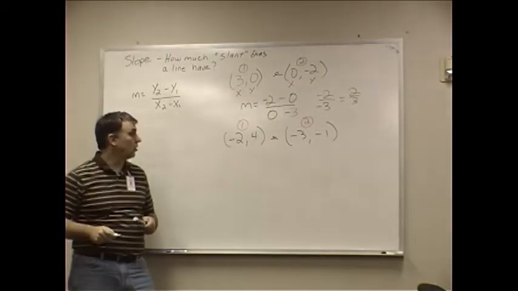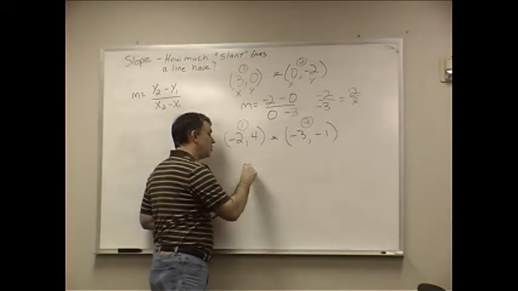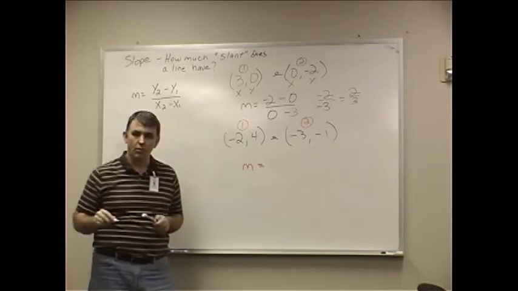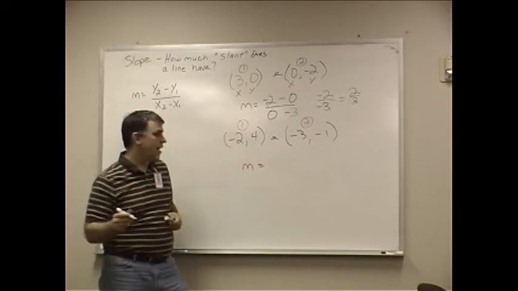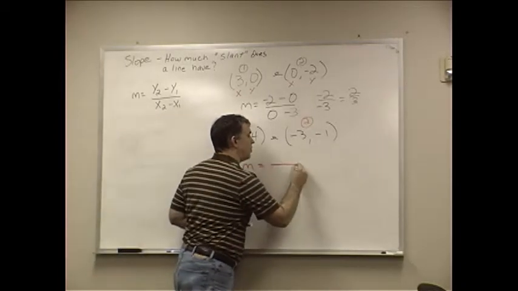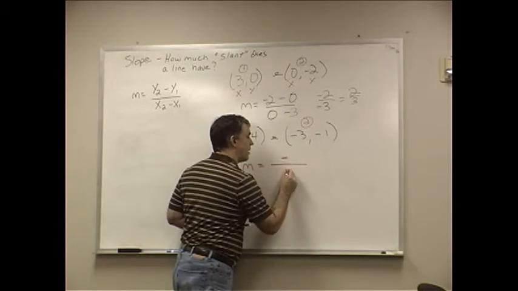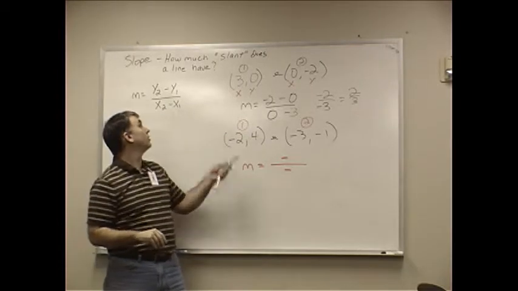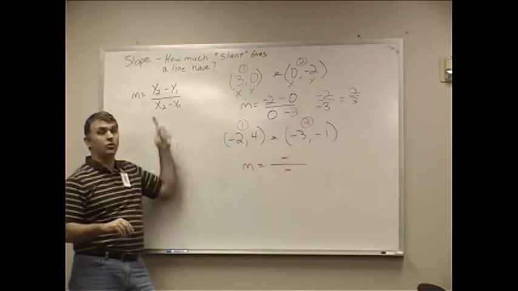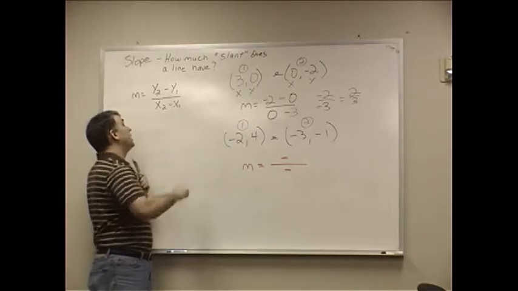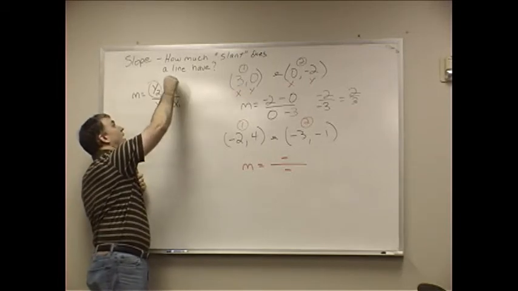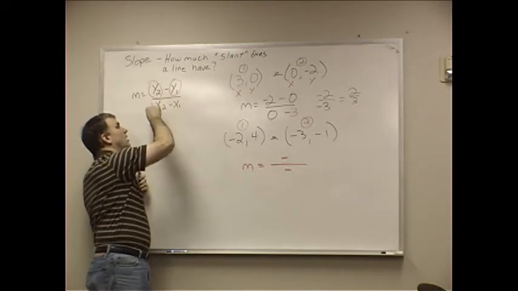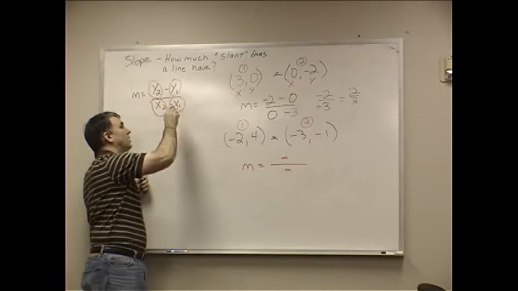As a practical matter, what I like to do when I'm solving slope problems is put m equals on there. I put my line, I put my two minus signs. You see, these are the things in the formula that can't change. You're substituting in for y2 and y1 and x2 and x1.